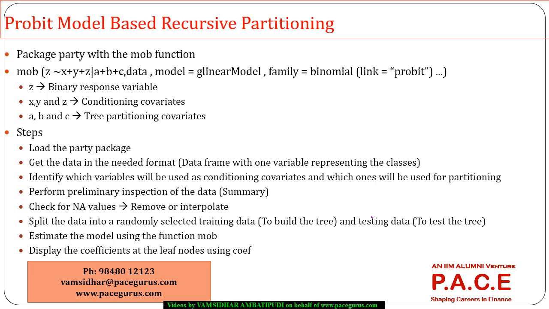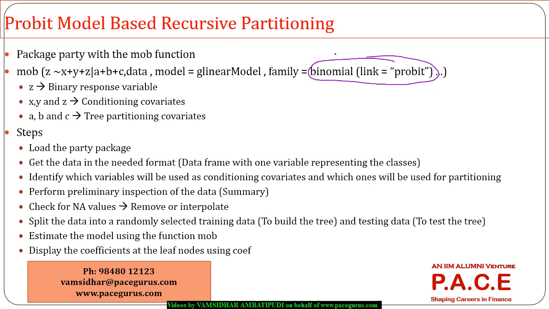Moving forward to the next one, which is a probit model based recursive partitioning. Let me tell you, everything is exactly same as the logistic model based recursive partitioning. The only difference is the family that we are giving. Right, the function, everything is the same. It's only the family.